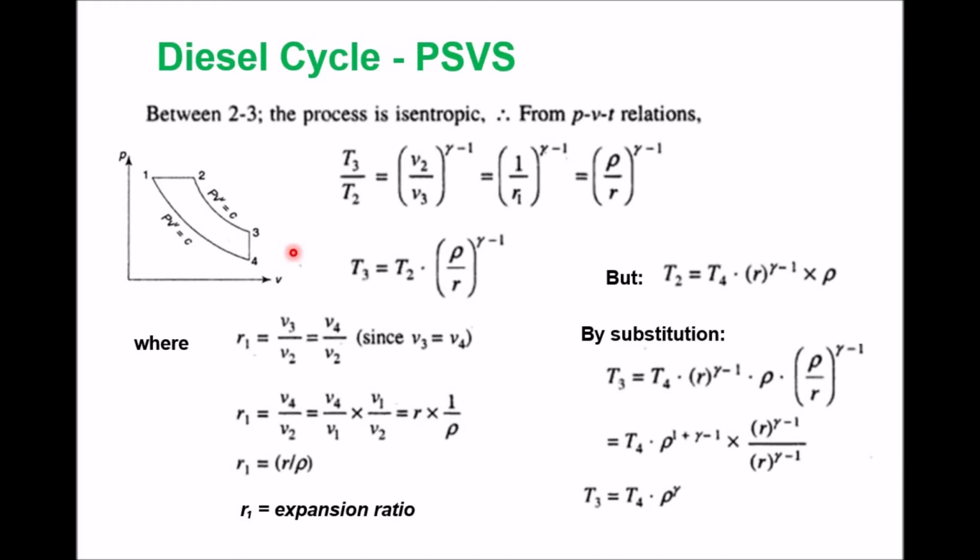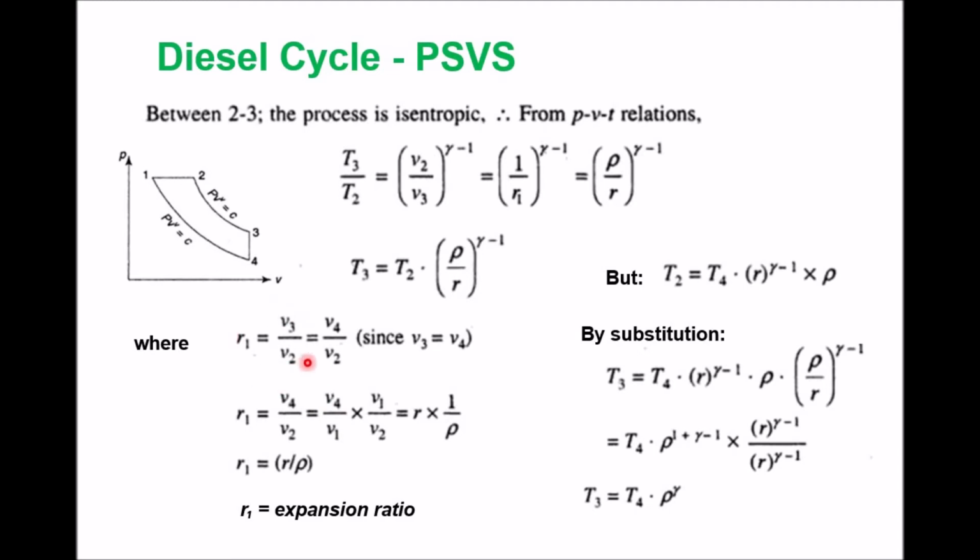We have already finished defining processes 4 to 1 and 1 to 2, and now we have 2 to 3. This is still an isentropic process. From the PVT relation, we again have TV raised to gamma minus 1 is equal to a constant. Or we have T3 over T2 is equal to V2 divided by V3 raised to gamma minus 1. V3 divided by V2, or V4 over V2 since V3 is equal to V4, we denote as r1, the expansion ratio.